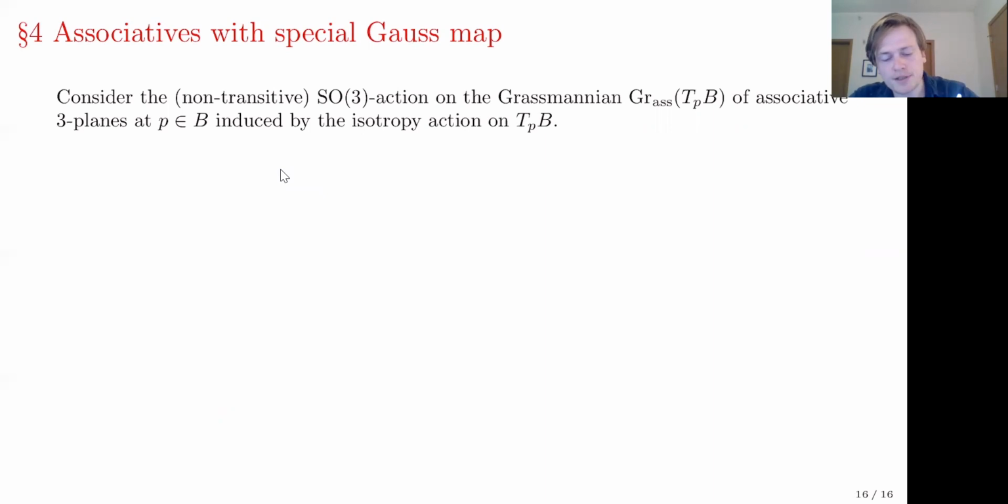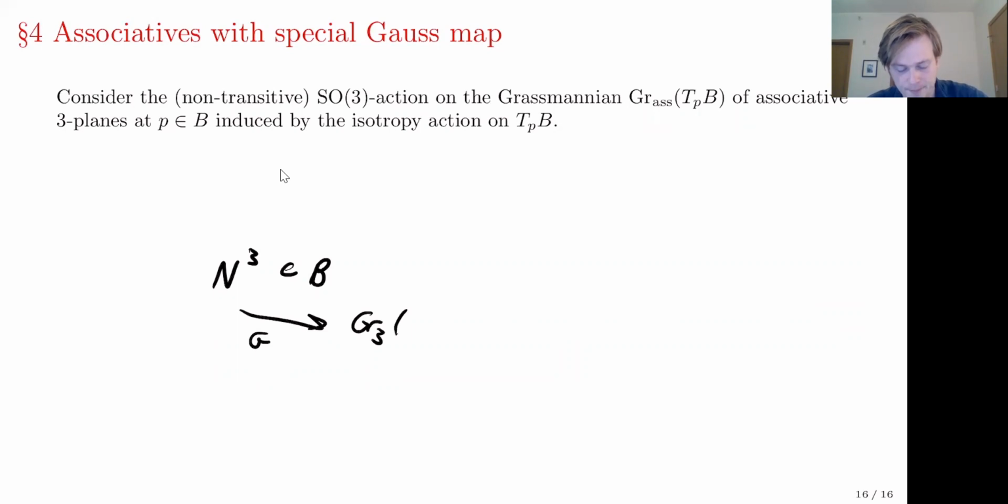Well, I'll start by saying that you can take an associative submanifold, say N3 inside B, and you can look at its Gauss map, which would be the map G, which would map into the Grassmannian of 3-planes inside the tangent bundle of B.